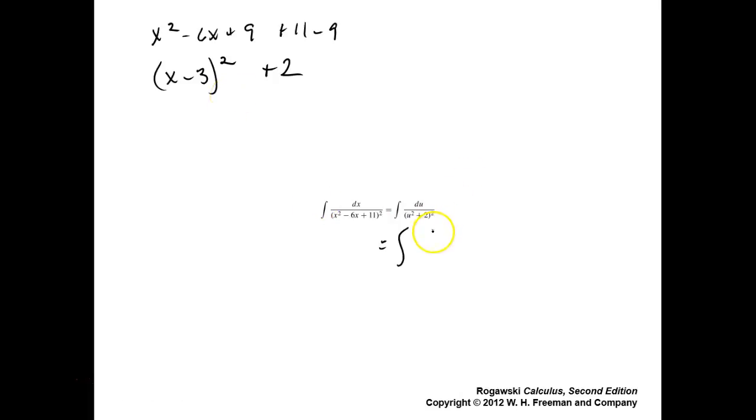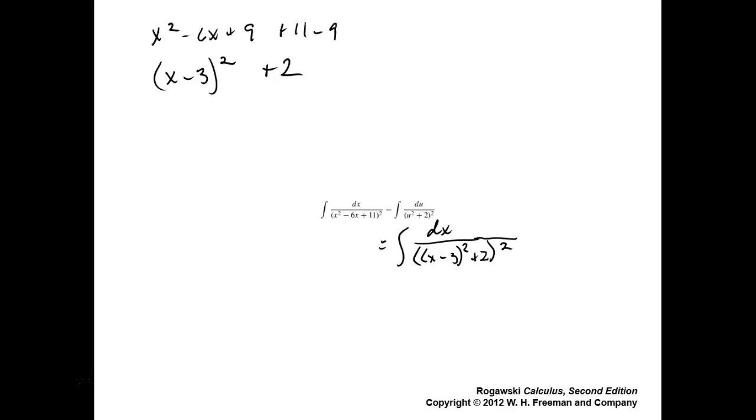So what our integral is dx over, open parentheses, and then x minus 3 squared plus 2, close that outer parentheses, and square it. Okay, because you see, it was this thing in here squared. That's what the thing in there is, and you square that.